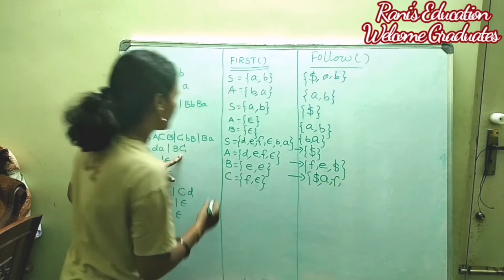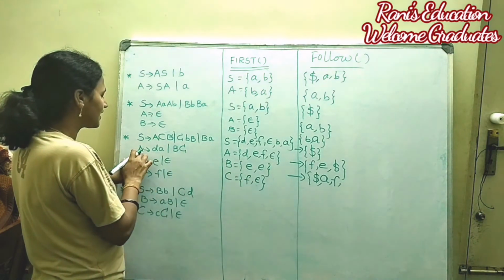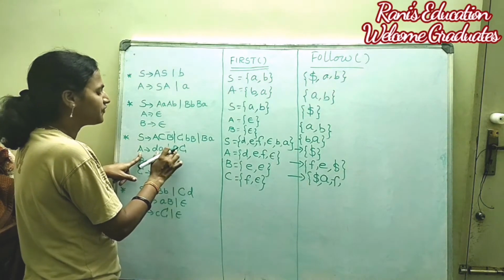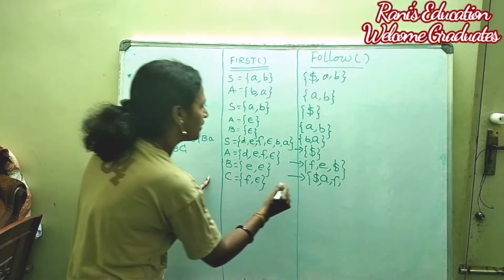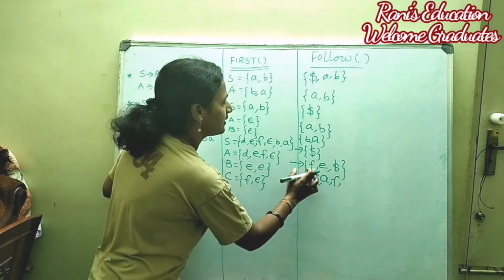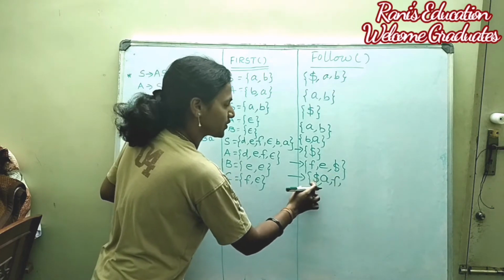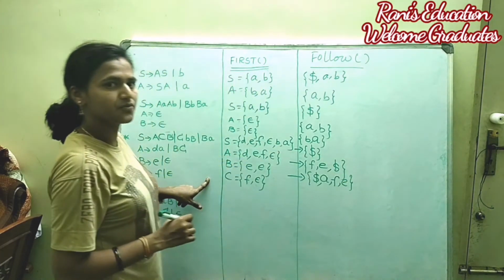So F is one. If I replace C by epsilon, what production will you get? A to B. Which means that follow of B equals follow of A. So what is follow of A? Tell me. F, E and dollar. F is already defined. Dollar is also defined. So we just need to include E. That is what follow of B is.